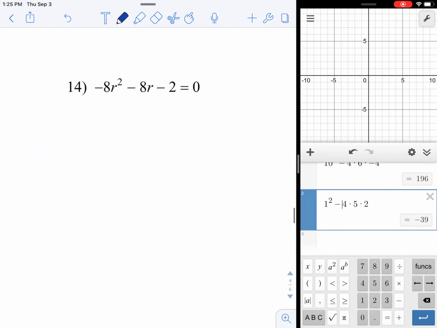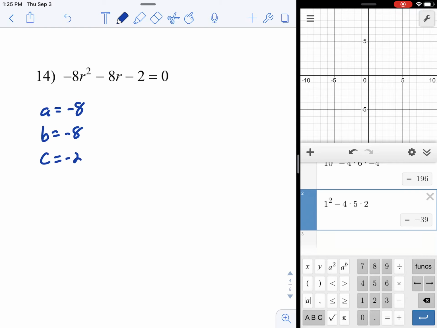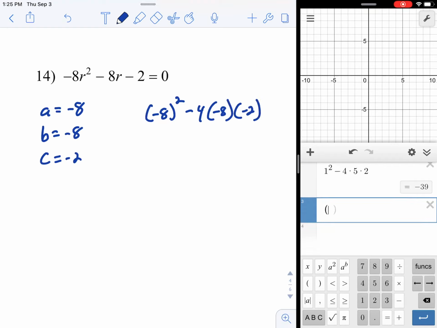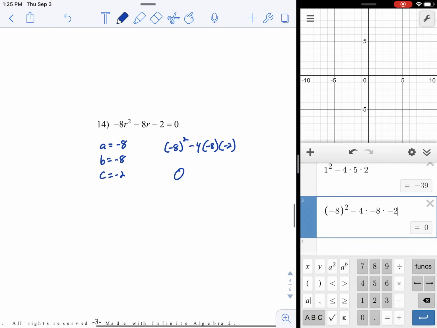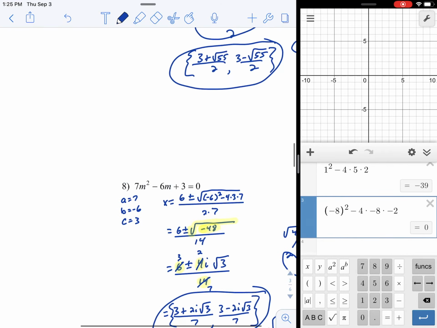And number 14. A is -8, B is also -8, C is -2. So B squared minus 4AC, that's -8 squared minus 4 times -8 times -2. Let me do this on a calculator. I get 0. Let's go back up to the notes.